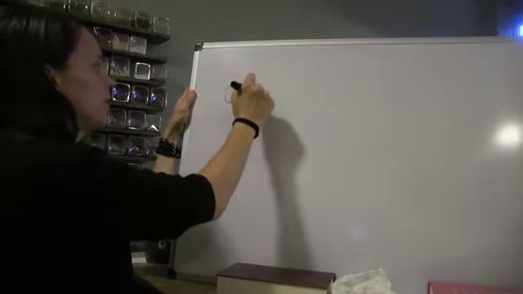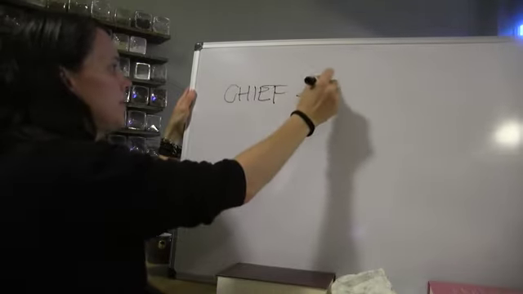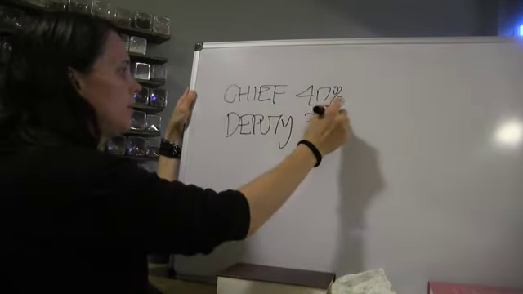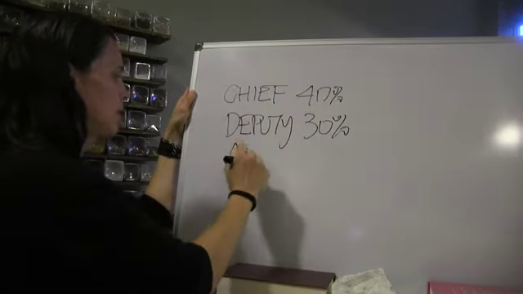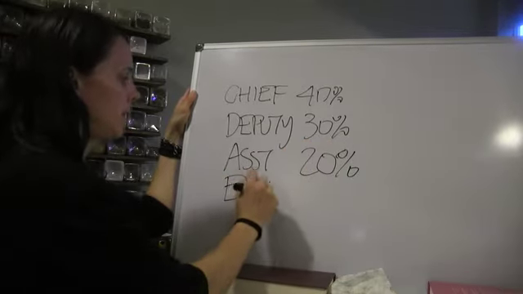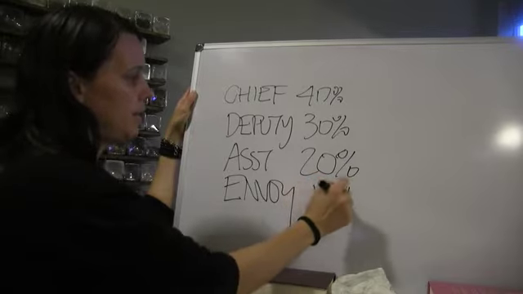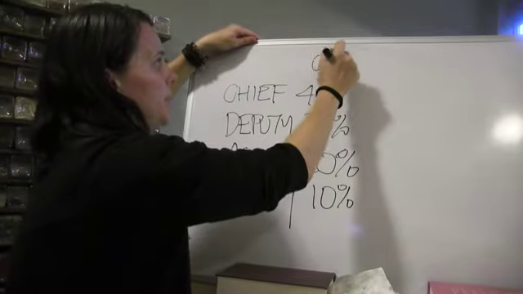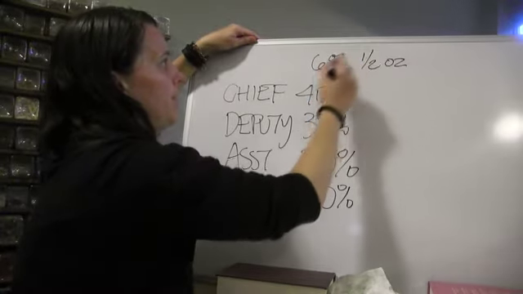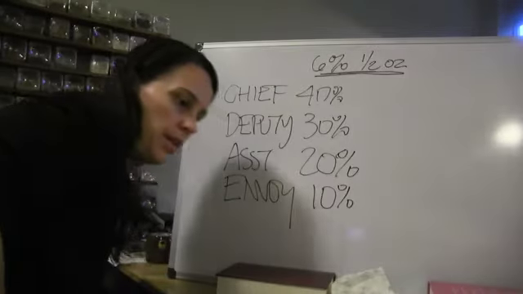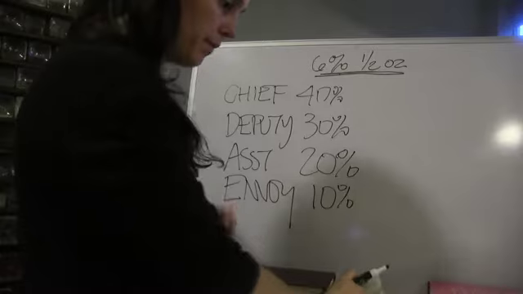And then with our chief 40%, deputy 30%, assistant 20%, Envoy 10%. If we're doing this at 6% for a half ounce, then this is what the math works out to.